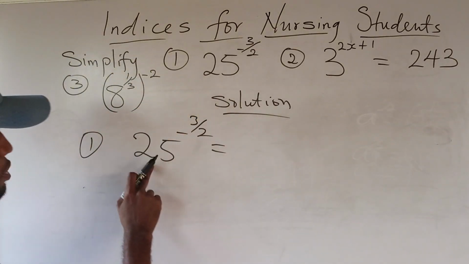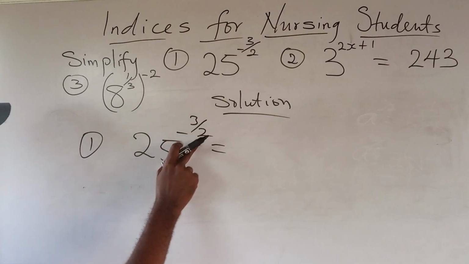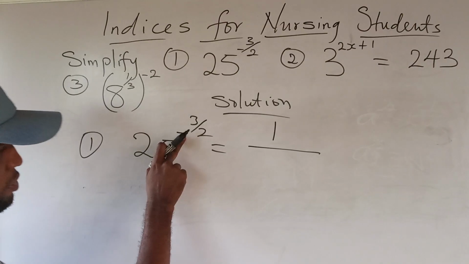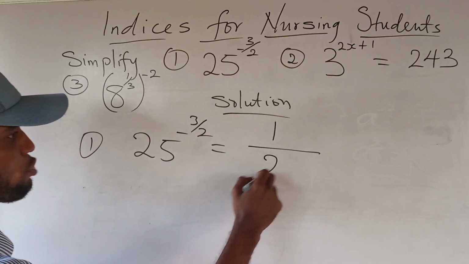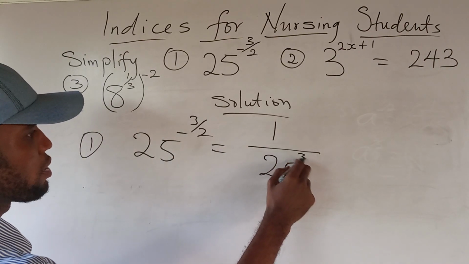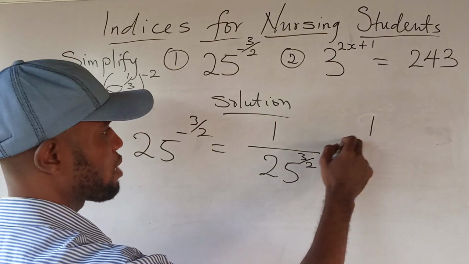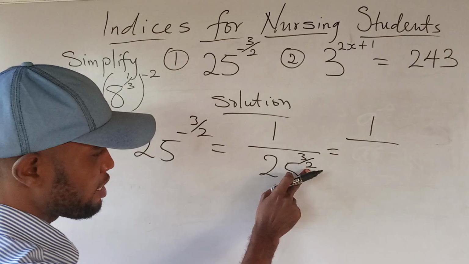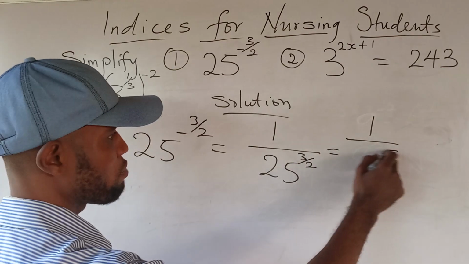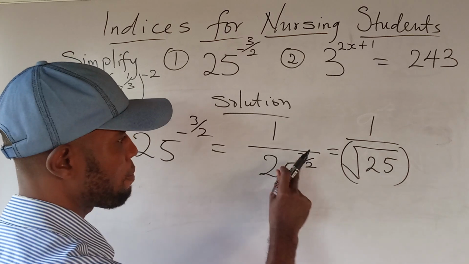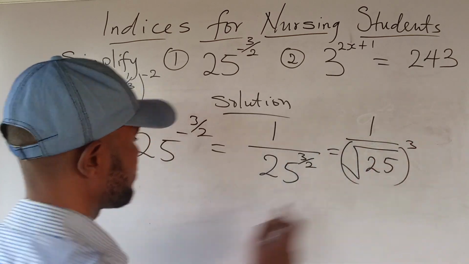So if we have 25 raised to power minus 3 all over 2, that is going to become 1 all over, so this minus is gone, 25 raised to power 3 all over 2. Now the denominator is 2, so that's going to be square root of 25, then raise it to the power of this 3.